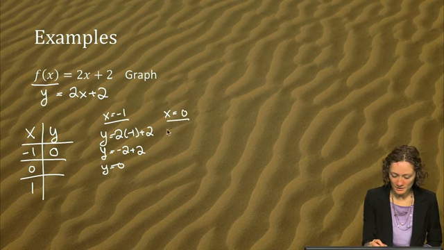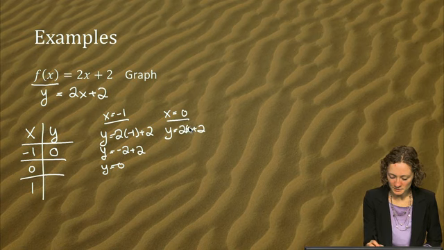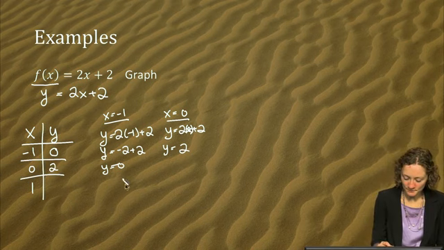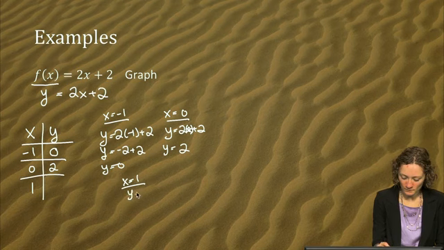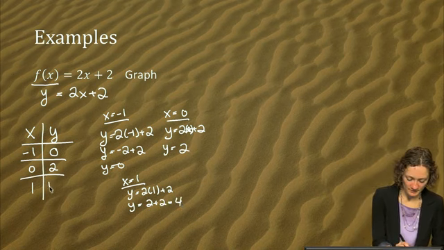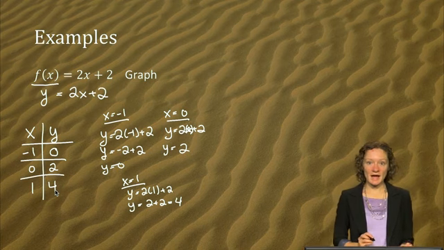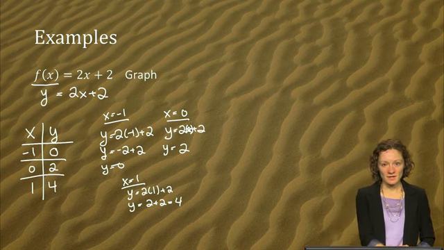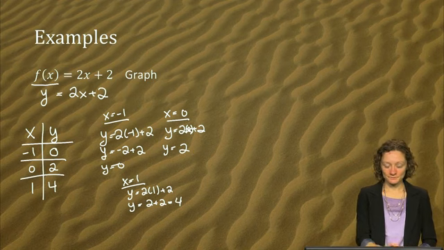When we plug in 0, 2 times 0 plus 2, we get 2. And when we plug in 1, we get 4. So the ordered pairs we can use to graph this linear equation are (-1, 0), (0, 2), and (1, 4).